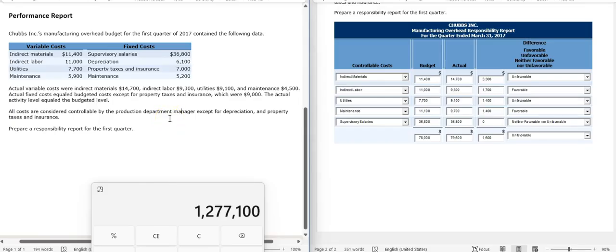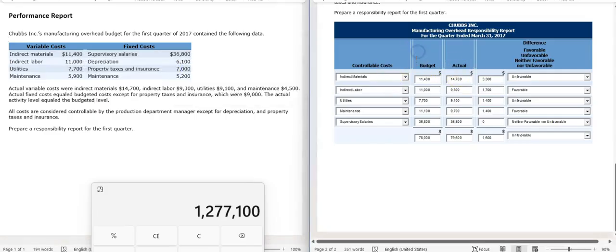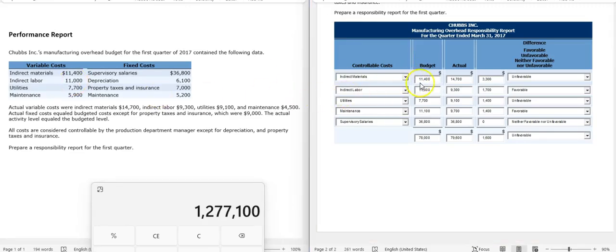I taught you in that first problem how to flex a budget, but we now have a budget that is based off of the same level of activity. So I'm going to simply bring all of my budgeted costs into my responsibility report, also known as a performance report. So I've got indirect material, indirect labor, utilities, and maintenance.